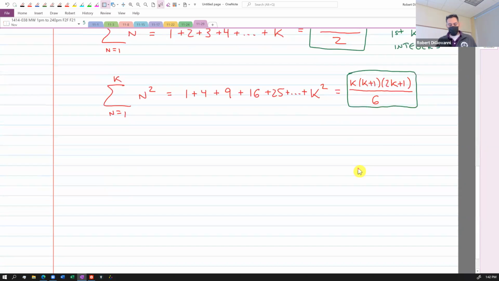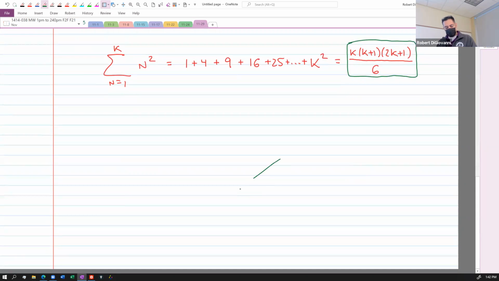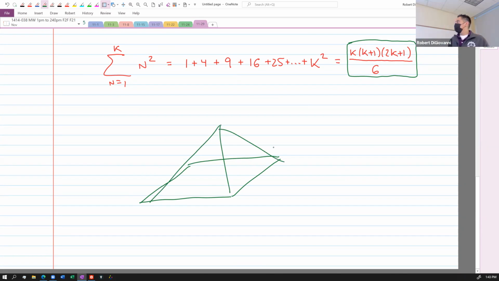Let's say you have a pyramid with a square base like this, and the bottom row of blocks has k blocks this way and k blocks this way, right?